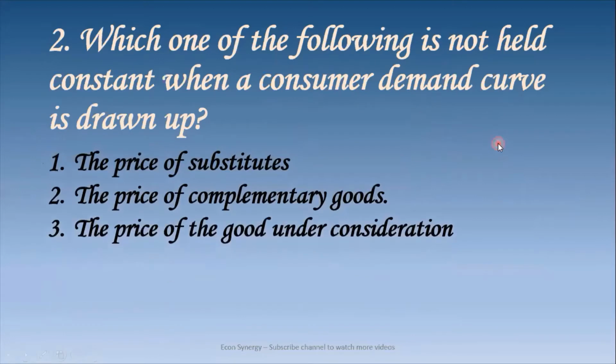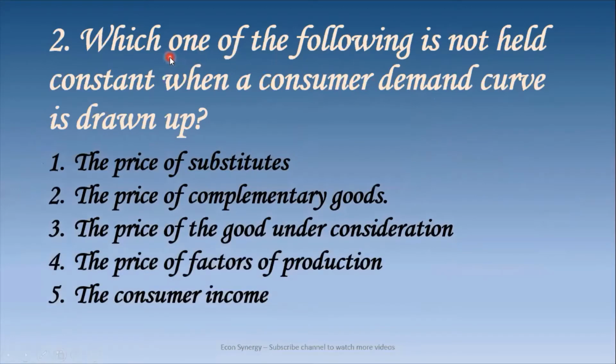Then the second question is, which one of the following is not held constant when the consumer demand curve is drawn up? Then again I will draw the demand curve, only the demand curve, right?